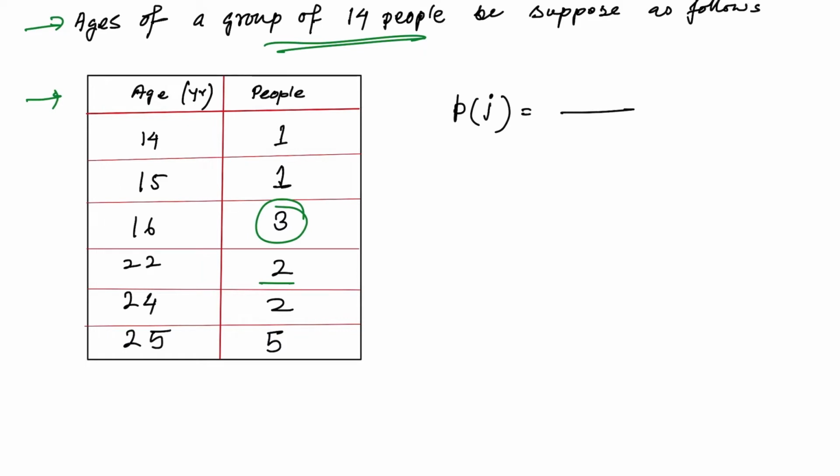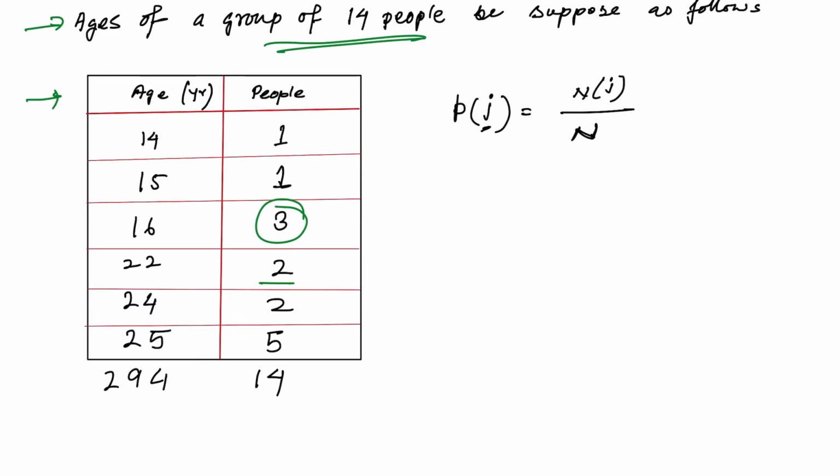We know the simple formula to find a probability: the number of times that this particular observation occurs, N of j, divided by the total number of observations, N. If you add these numbers of people, it's going to be 14, as we have taken 14 people in the group, and the sum of the ages comes to 94.